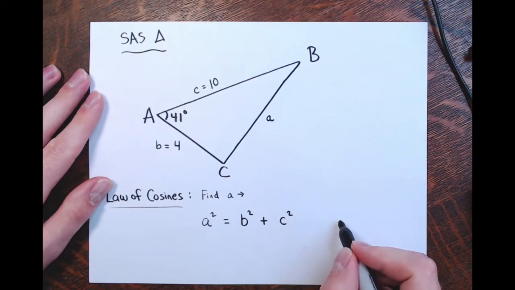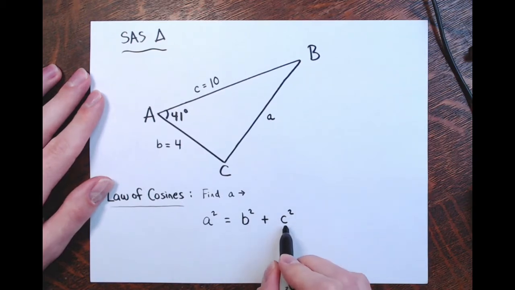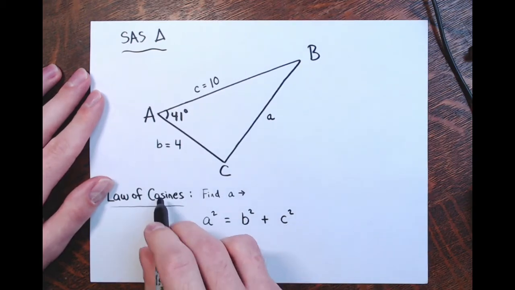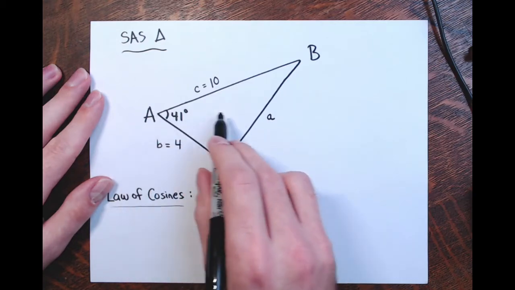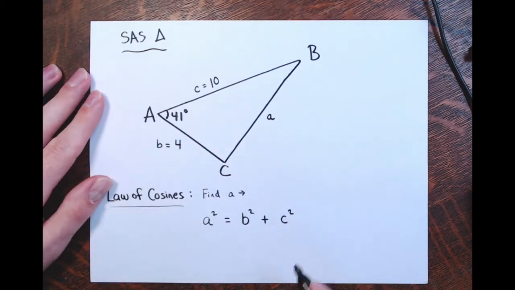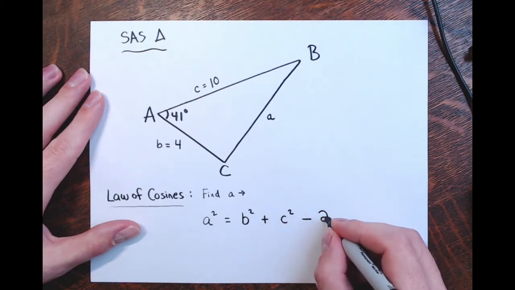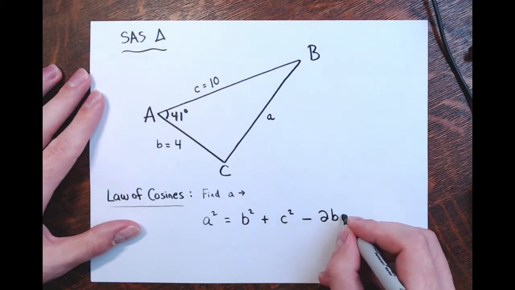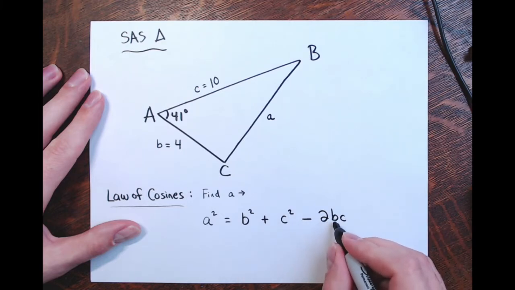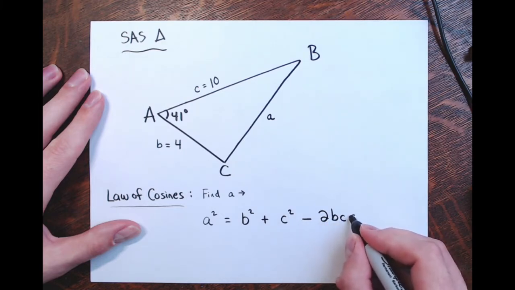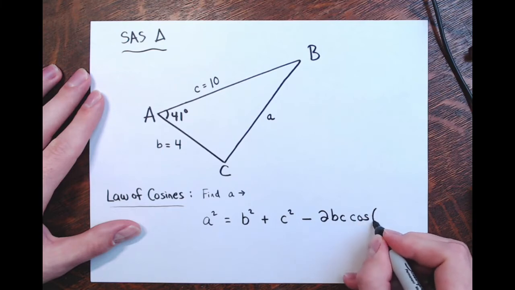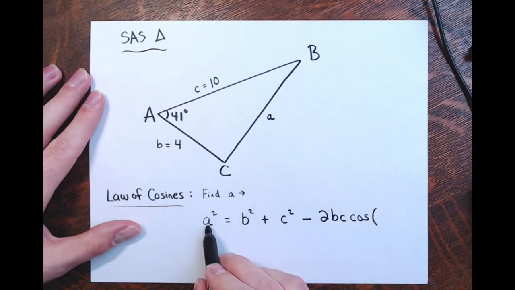And this extra term involves sides b and c and the cosine of the angle opposite our side, angle A. So we subtract from this 2 times the product of b and c, 2 times b times c, times the cosine of the angle opposite this side over here.